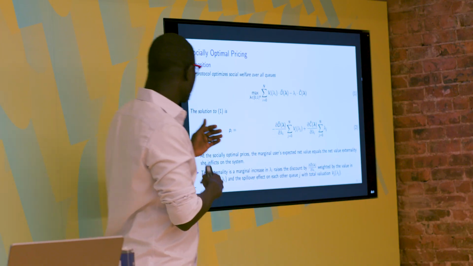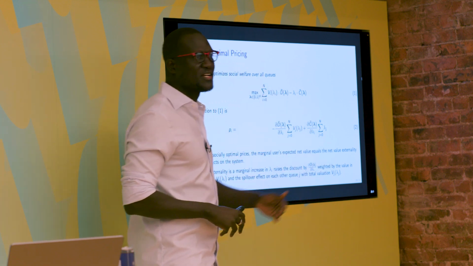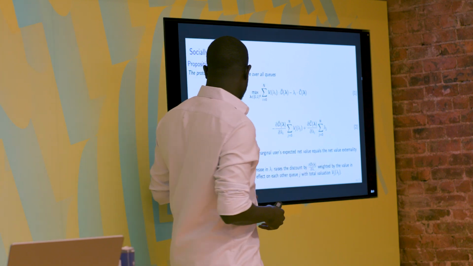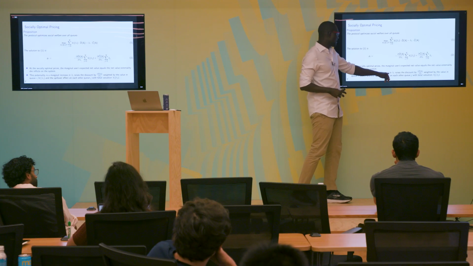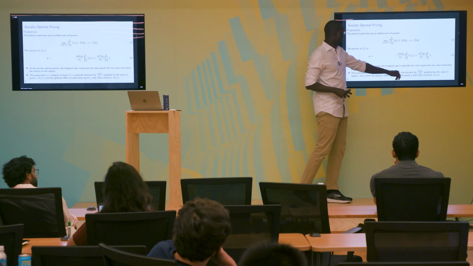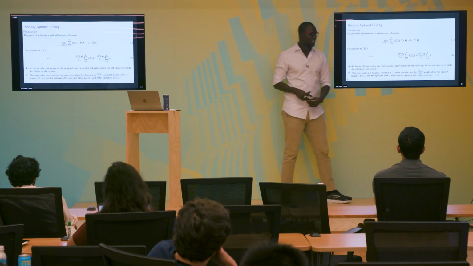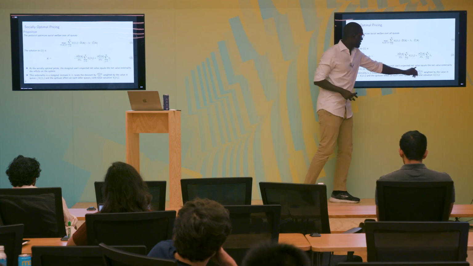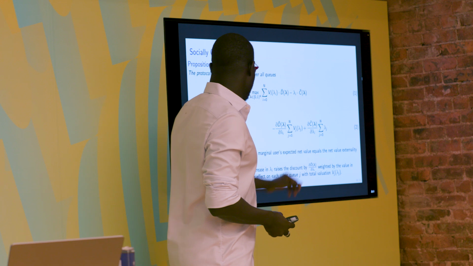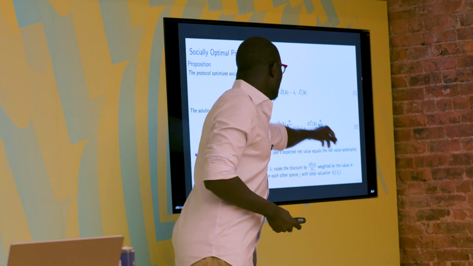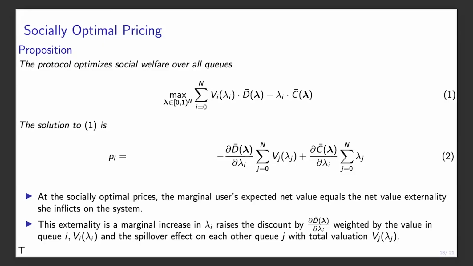The relative price here is just the externality that you are putting on others. And this externality is the marginal increase in lambda i, which raises the discounted delays by this change. This is the multiplicative delay, and you also have the linear delays. So this is to internalize the costs on others.